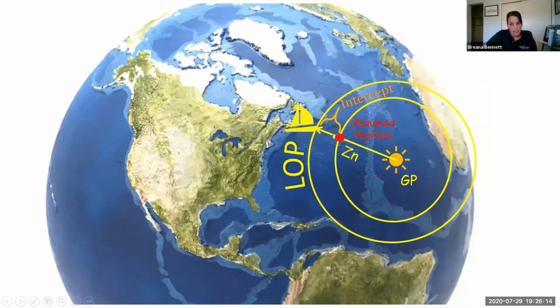So plotting that assumed position and then calculating your intercept gives you that LOP, which we draw as a straight line.